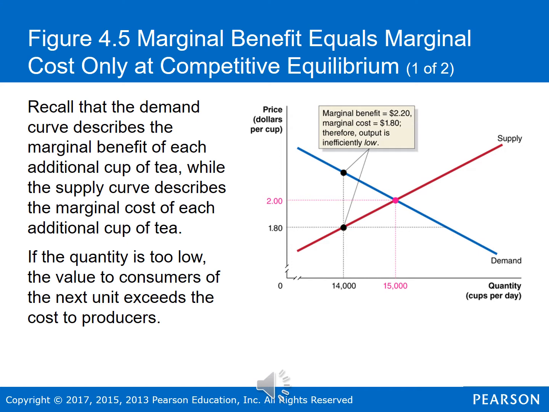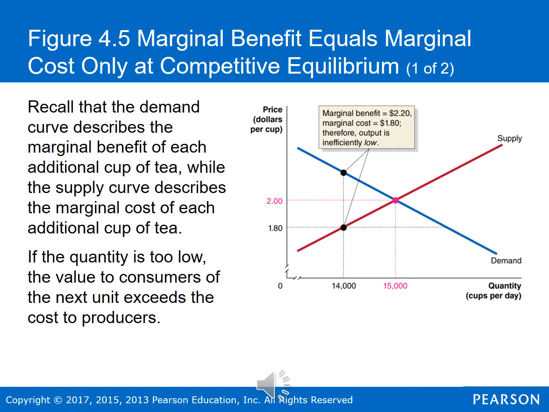So let's say firms produce 14,000 cups of coffee per day, so 1,000 less than the equilibrium. At that 14,000 units per day, we trace that up to the demand curve, and the marginal benefit is going to be $2.20. Whereas at 14,000 cups, the marginal cost to producers is only $1.80.